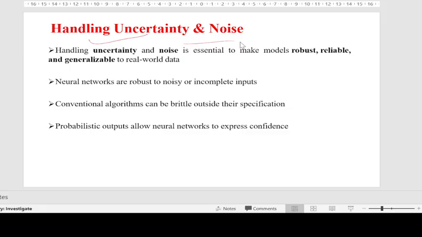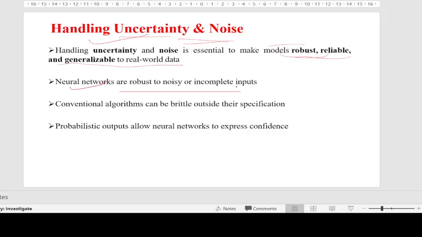That we call handling of uncertainty and noise. If the model is able to handle the uncertainty or noise, then we can call it a robust, reliable and generalizable model for real-world data. Neural networks are normally robust to noise and can handle incomplete inputs.